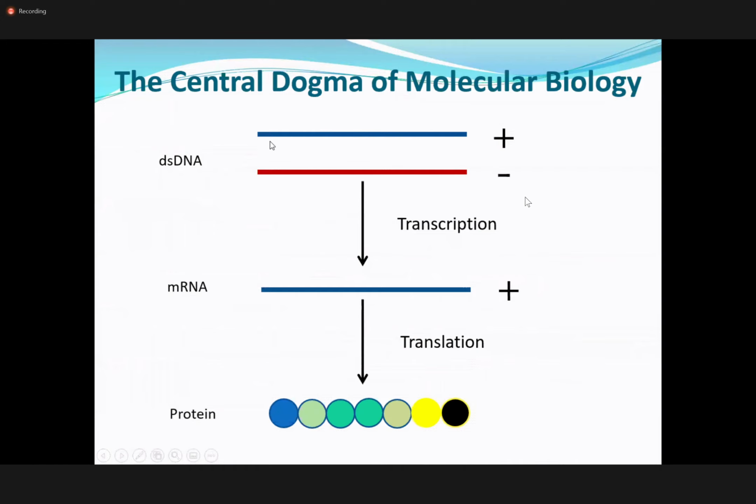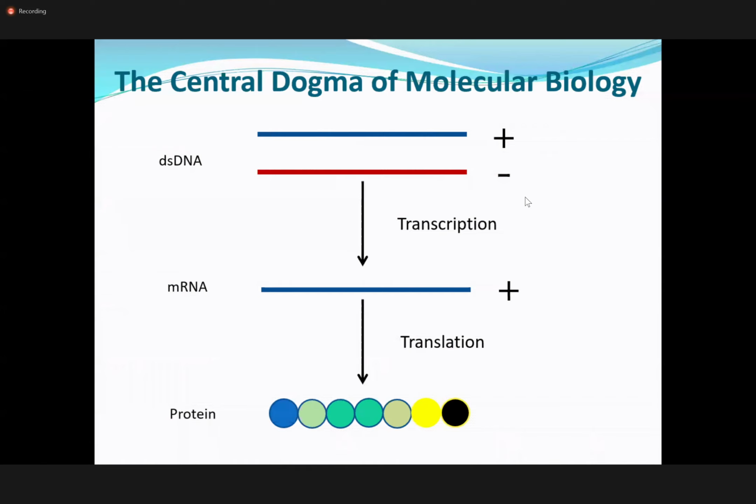And that double strand consists of what we call the plus strand and a complementary minus strand. Now, if we had to transcribe and translate a particular gene within this DNA, the information for that messenger RNA has to come from a minus.